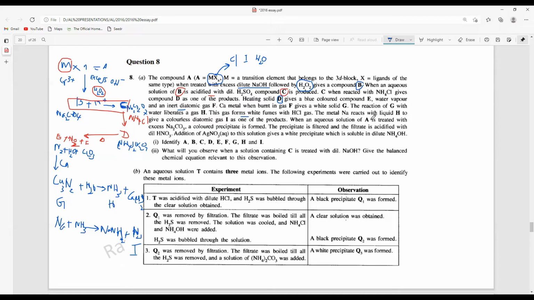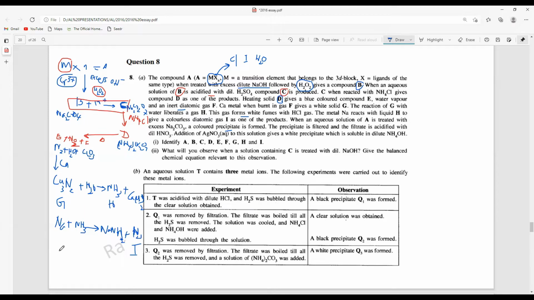And when an aqueous solution of A, so this is A, is treated with excess sodium carbonate, a colored precipitate is formed. So you can imagine, what could this aqueous solution of A be? This is chromium 3 plus, because when you add H2O2, it will convert to CrO2 minus.